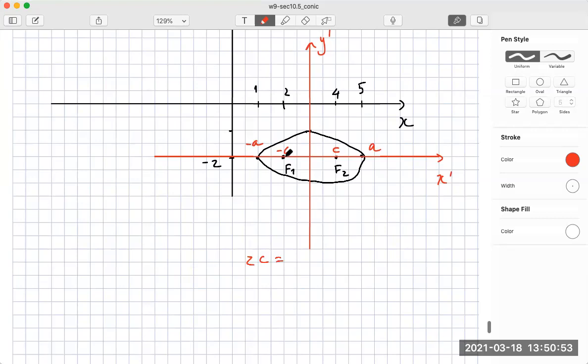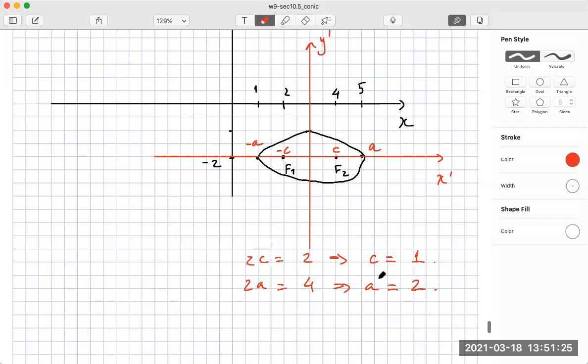We see that the distance from F1 to F2 will be 2, right? And 2c is equal to 2. Therefore, c should be 1. Very good. Here, 2a will be, what is it? 5 minus 1, it means that a will be 2.